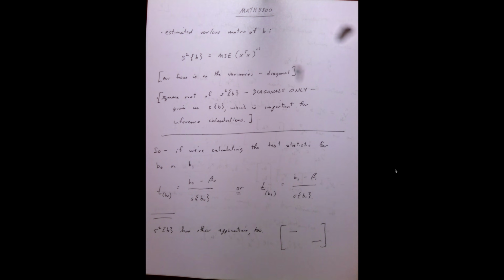All right, we're going to revisit just briefly the estimated variance covariance matrix of B. I taught this in a previous video, but I want to revisit it and put it in a larger perspective.